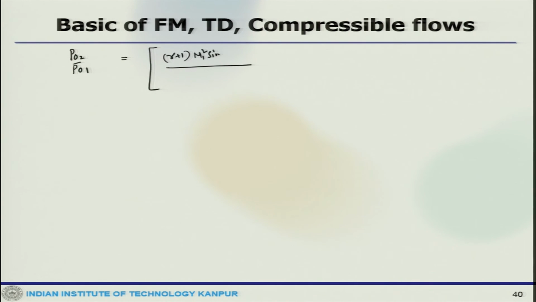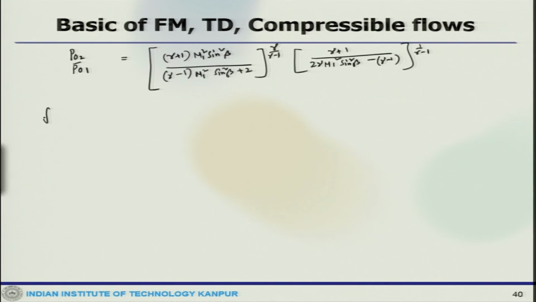One can find the detailed calculations in any of the compressible flow books. I am just going through these things quickly, because these are all required, but not part of our detailed discussion of this course.